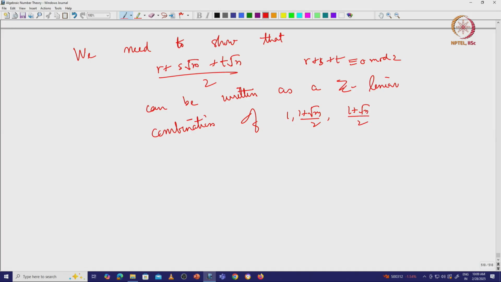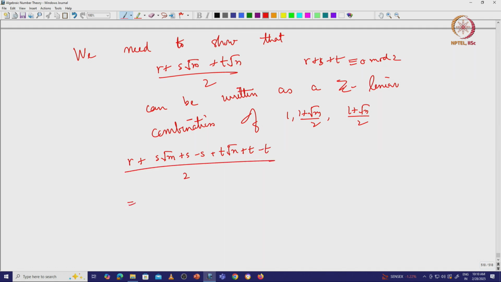And so, you do not really have much choice. What you do is you take r plus s square root of m plus s minus s plus t square root of n plus t minus t, divided by 2.